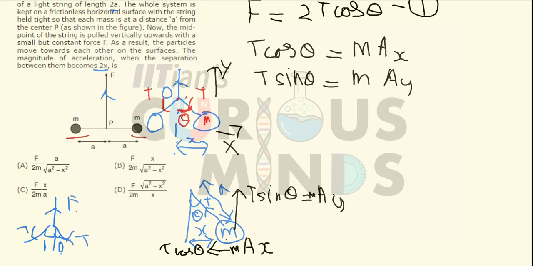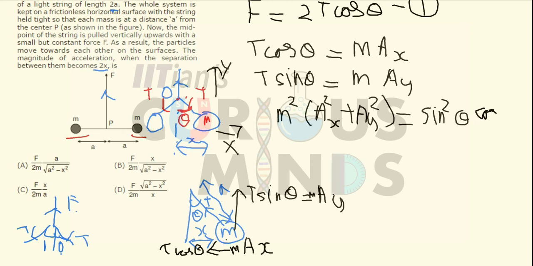If I square and add this part, it will be equal to m square into ax square plus ay square, which is equal to sin square theta plus cos square theta into T square. Let the total acceleration be A square. Since sin square theta plus cos square theta is equal to 1, it will be simply equal to T square.